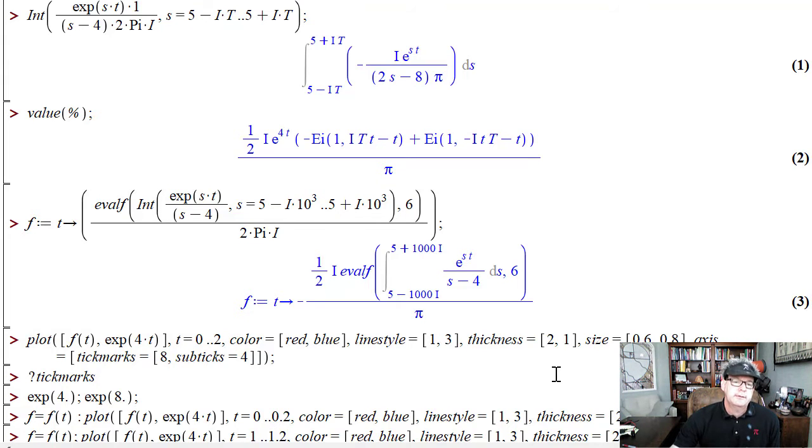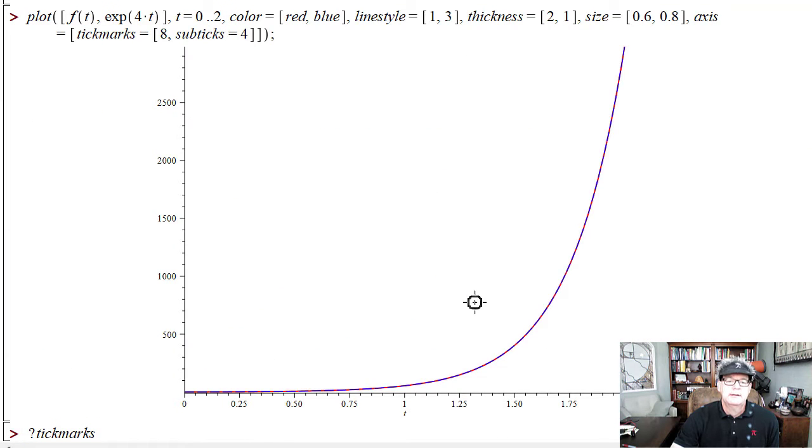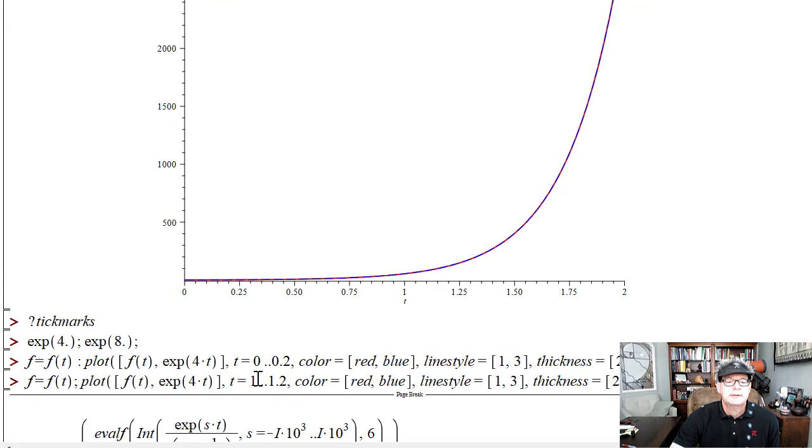All right, so f of t was defined, as I said, essentially with the inverse transform formula. The f of s I used was 1 over s minus 4. And there we go. If you compare with e to the 4t, a great match.